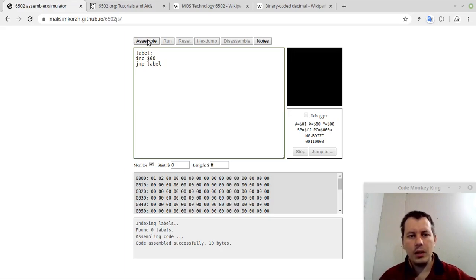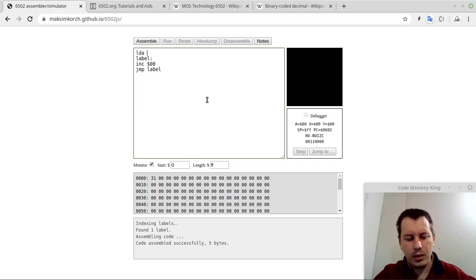All right, so assemble, and now let's use the debugger. Now it should be incrementing the value 1 by 1, probably until it gets to, I'm not sure, is this going to be wrapping around or not, so let's have a look. I'm just wondering what's going to happen after FF is encountered.